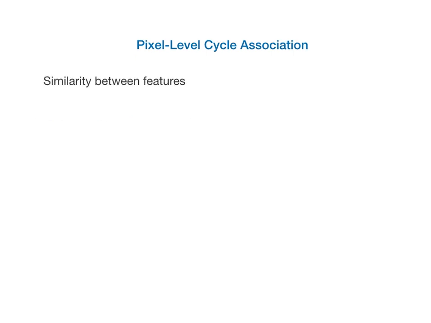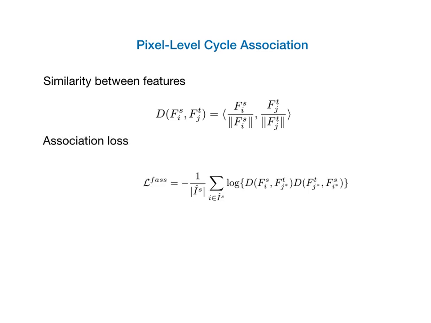We adopt the cosine similarity to measure the feature similarities during building the cycle association process. After building the cycle association, it is straightforward to directly encourage the similarities of associated pixel pairs by increasing the cosine similarity evaluations.